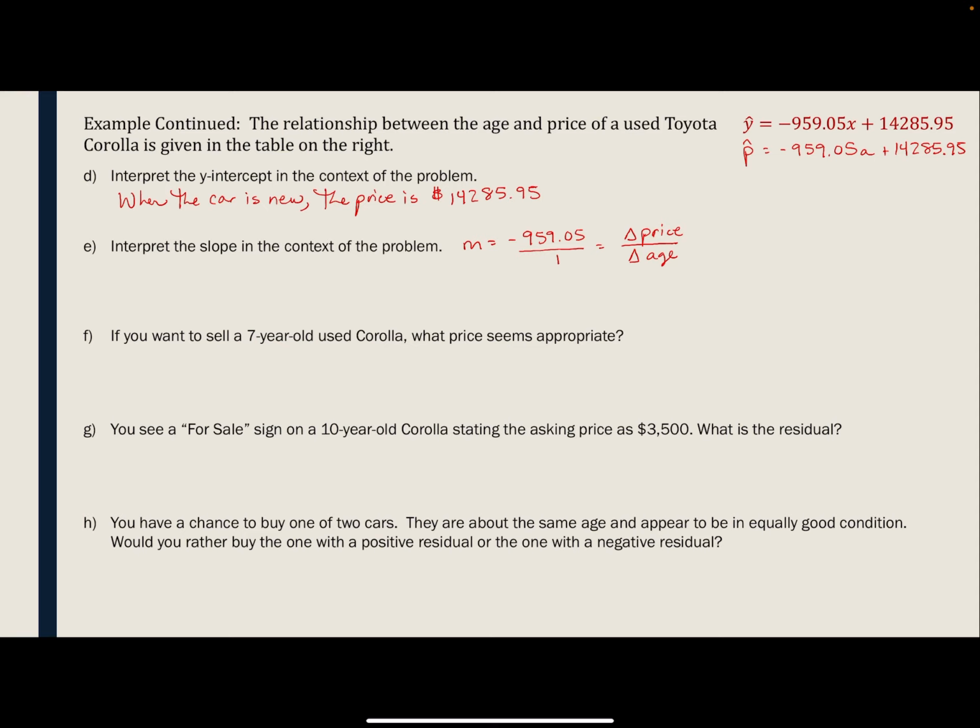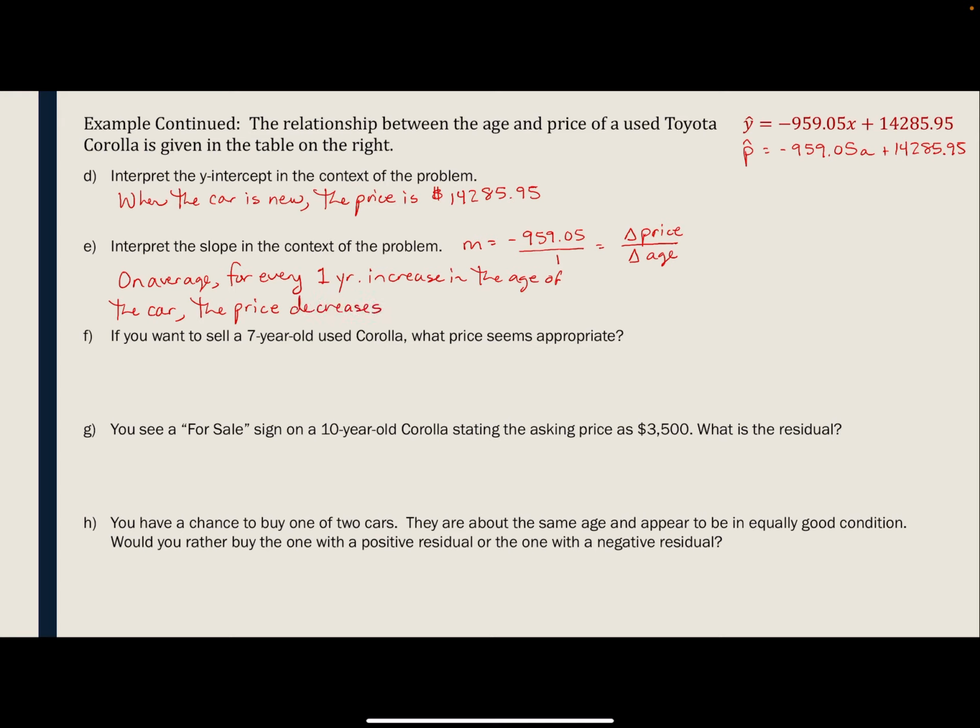So we would say, on average, for every 1 year increase in the age of the car, the price decreases.